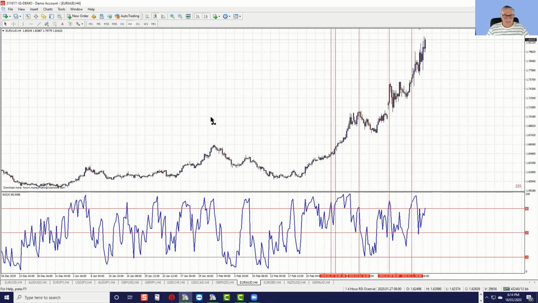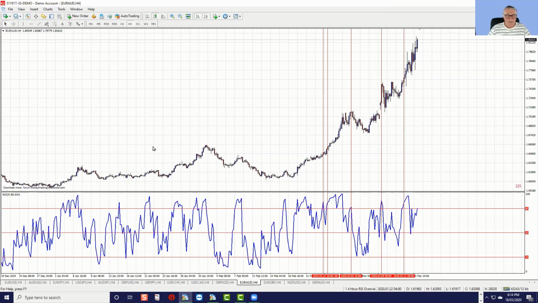All right, here's an example, I think, here's a good example maybe of one. All right, so here's an uptrend. There's an uptrend happening. So you would buy there. You would buy there.